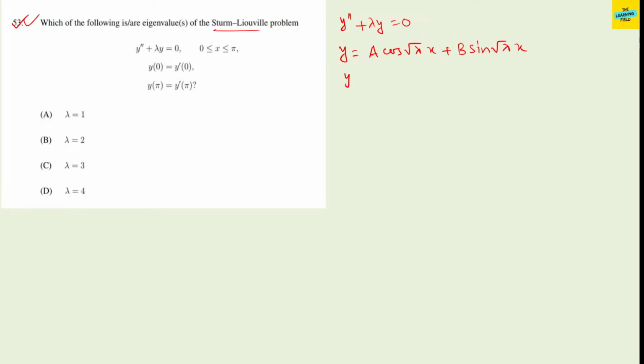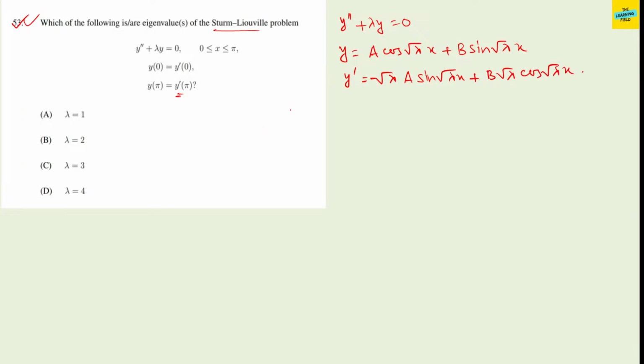Now y dash, we need y dash. So y dash is root lambda into minus a sine root lambda x plus b root lambda into cos root lambda x.